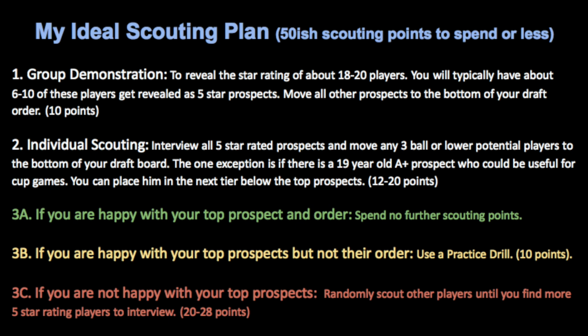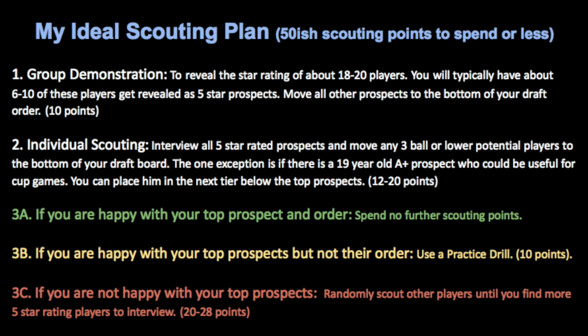And then interviewing those is going to be about 12 to 20 scouting points, depending on how many 5-star prospects there were. But that puts you at using between 22 and 30 scouting points so far. So at this point, you've used 22 to 30 scouting points roughly. And then depending on how many scouting points you have left, you can either spend no further scouting points if you're happy with your top prospects in order.